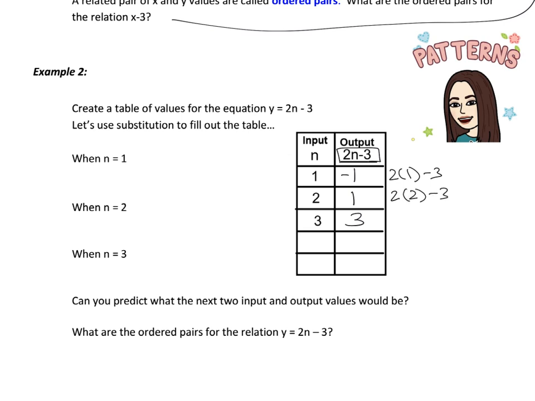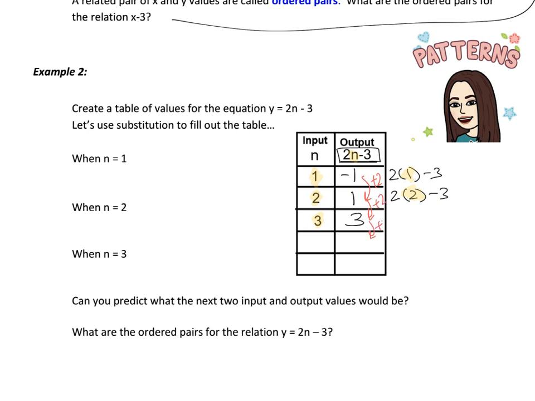So in place of n, I'm plugging in the values of x, or n, the input values. So these values are going in place of n, just like here. Okay. Once I have that, I can see, is there a pattern that I noticed? Okay, in the output column, see how everything goes up by 2 every time?